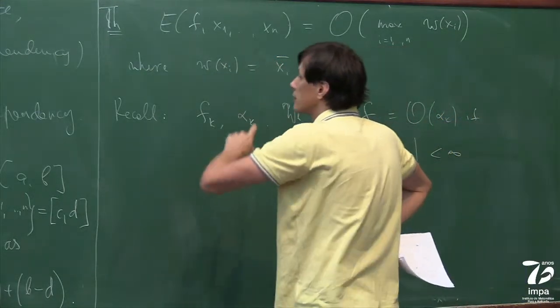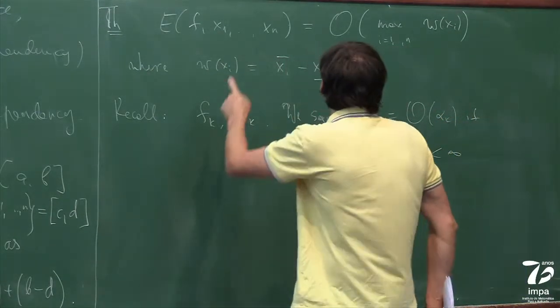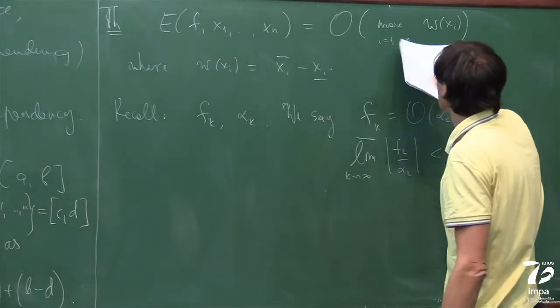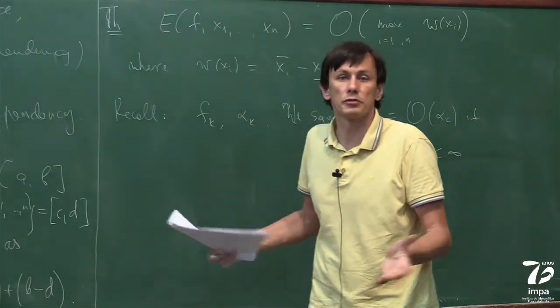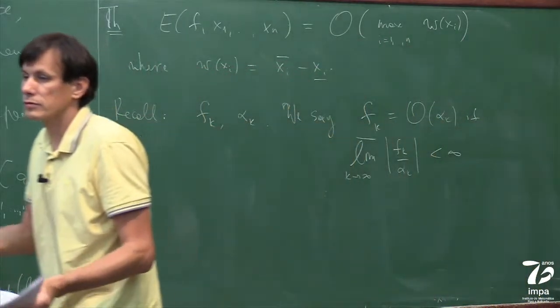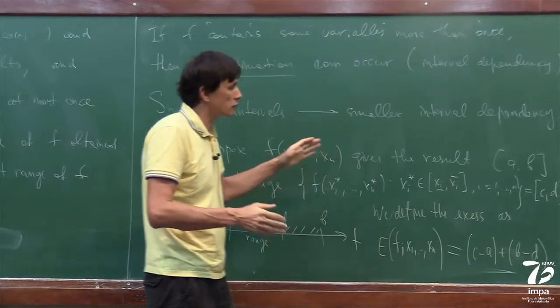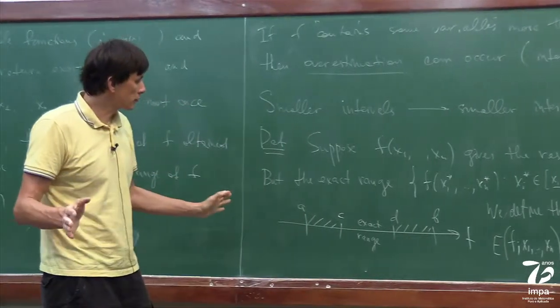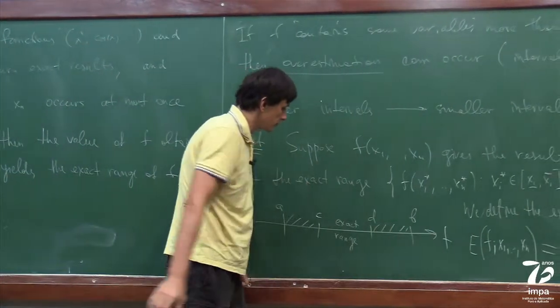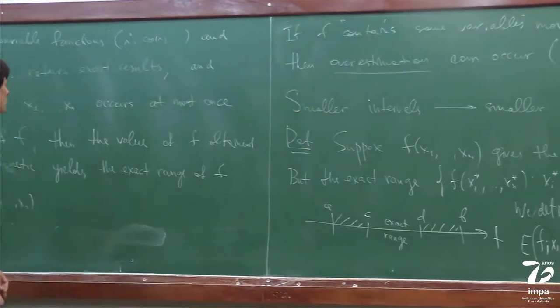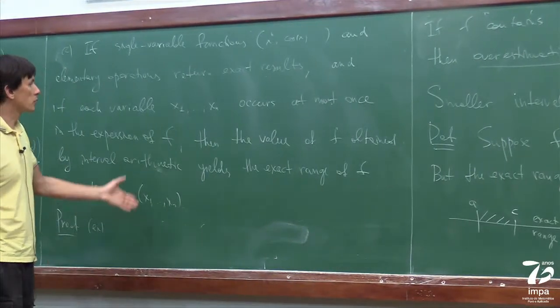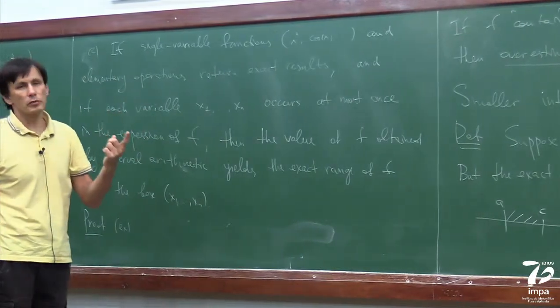So anyway, what the theorem tells you is that the excess has the order of magnitude of the width of the maximum interval. So use small intervals, you get small excess. It doesn't matter what your algorithm is. If you fix the algorithm, it has interval dependency, so it gives you not so good results, worse than the exact range, because you cannot just use every variable once.